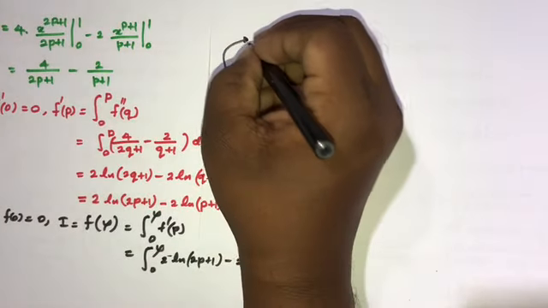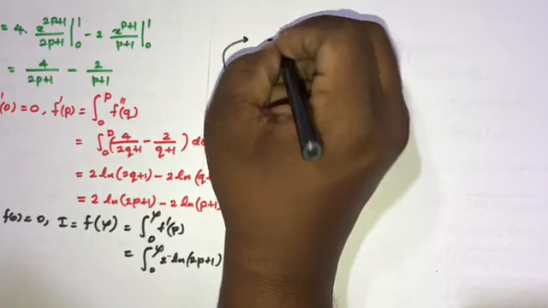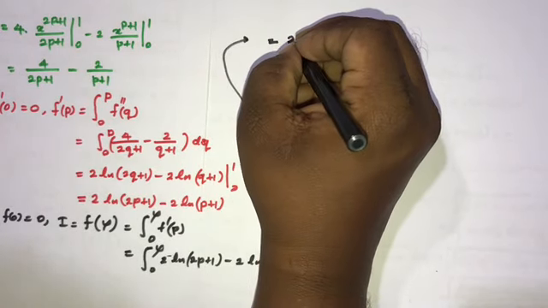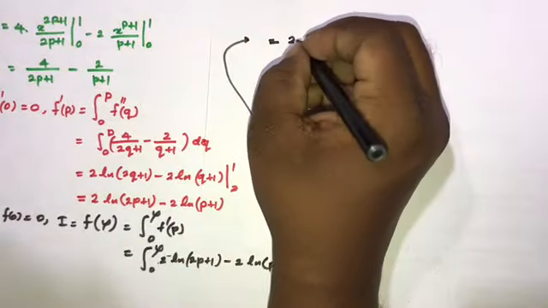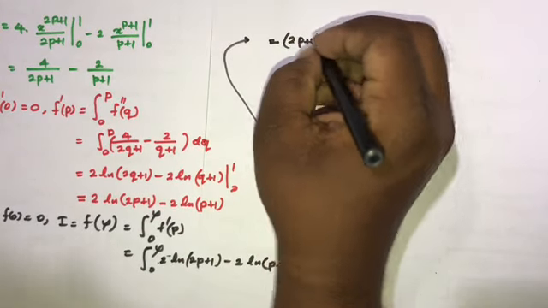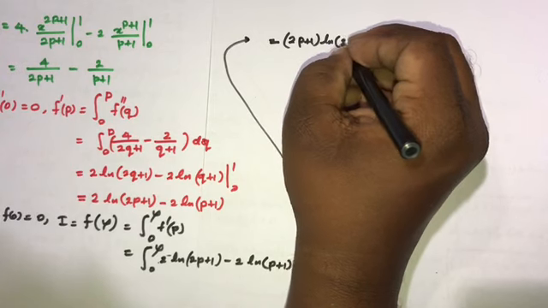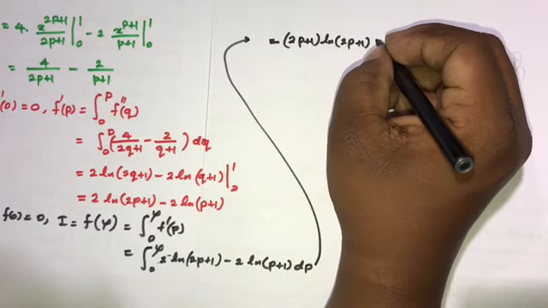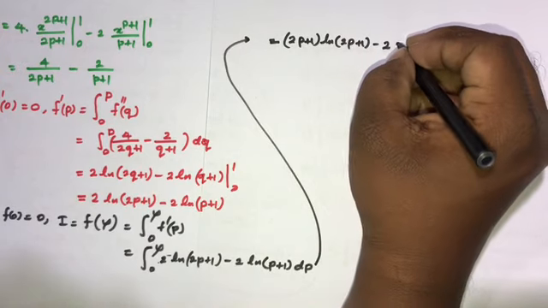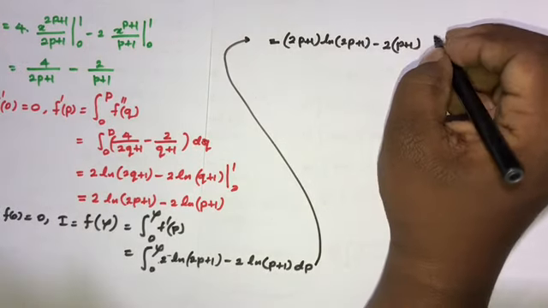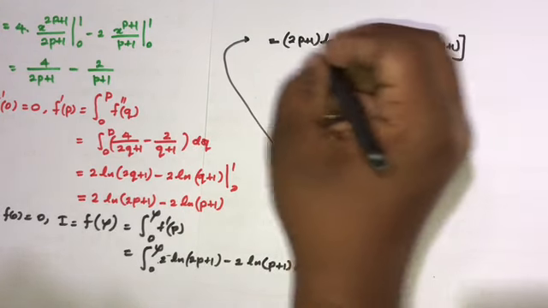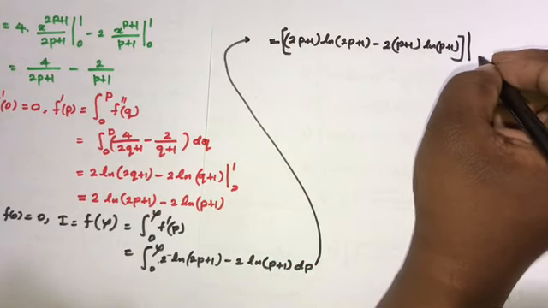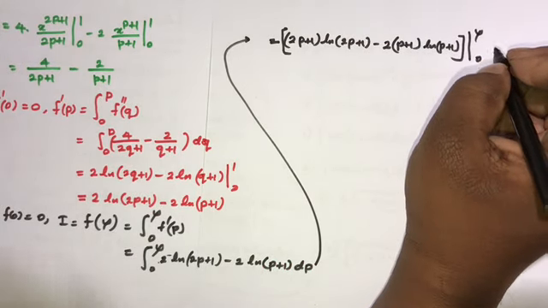Now we have to integrate, so I skip this process and we will have (2p+1) natural log of (2p+1) minus 2 times (p+1) natural log of (p+1), with limit 0 to the golden ratio.